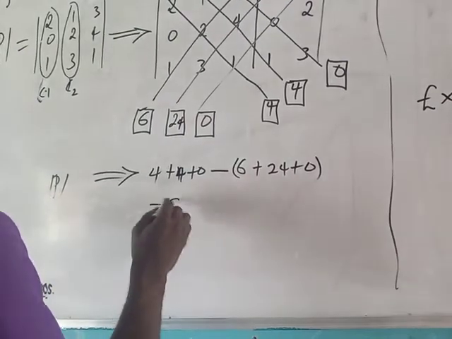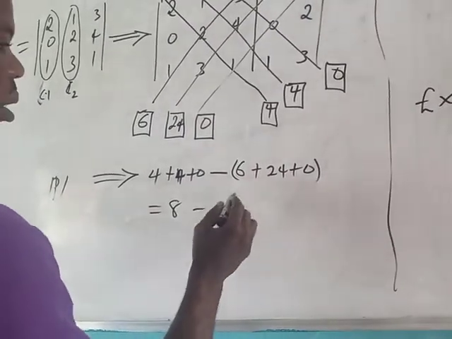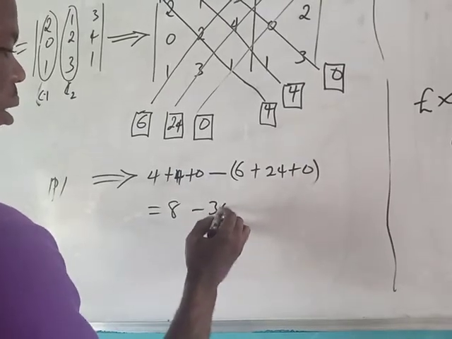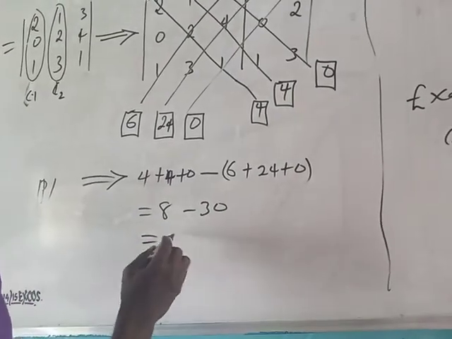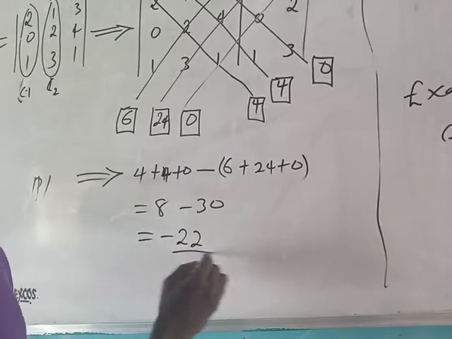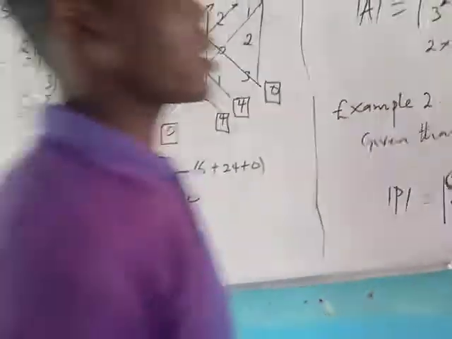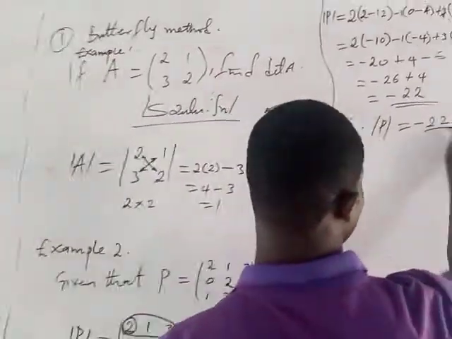So this will give you 8 minus this, plus this will give you 30. So when you subtract, this will give you minus 22. So which is the same thing as the answer we arrived at here.